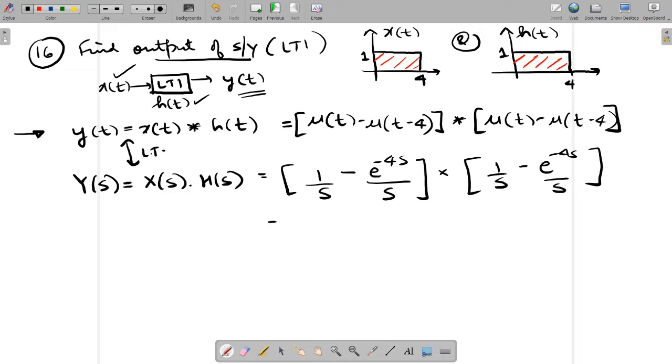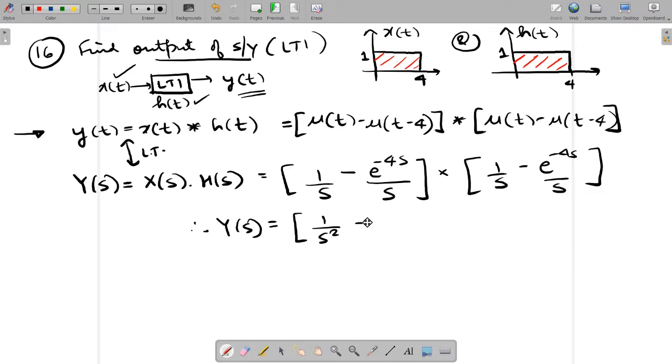So what do we have? If we multiply it, you will get y of s is equal to 1 upon s squared minus 2 e raised to minus 4s upon s squared plus e raised to minus 8s upon s squared. Just multiply both these terms together, you should get this thing.